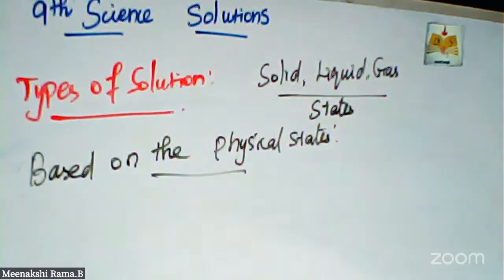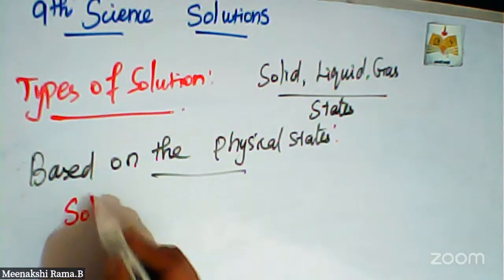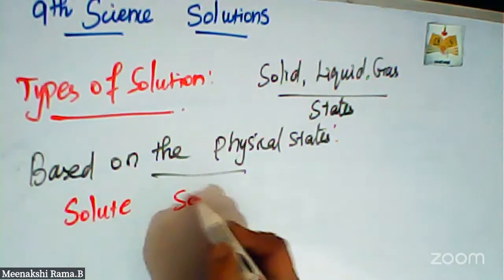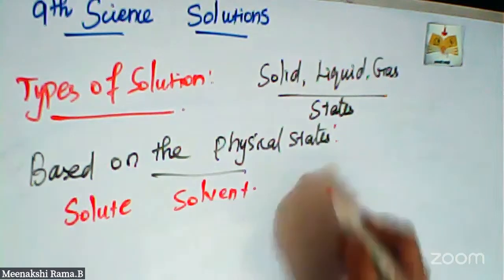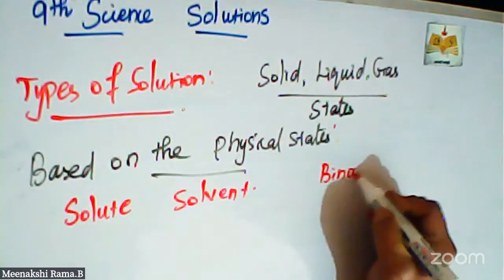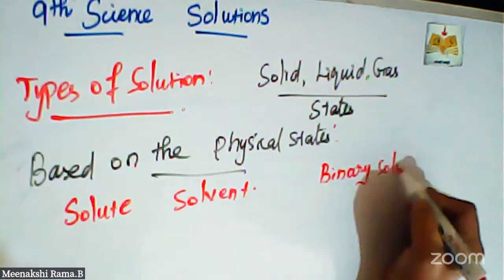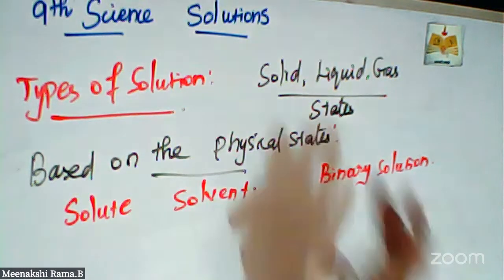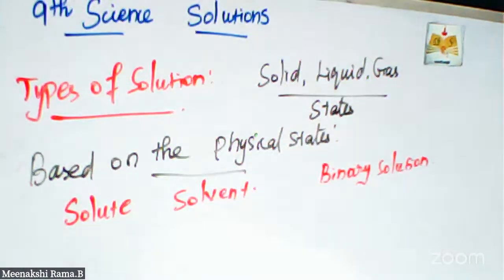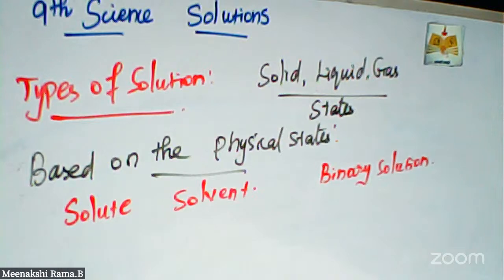How can we classify? First is the major part, solute, and then solvent, and then the binary solution. How do we prepare it? What is the solute? There are three states: solid, liquid, and gas. First, I'm choosing the solid state.